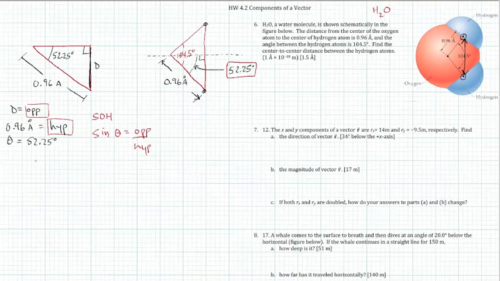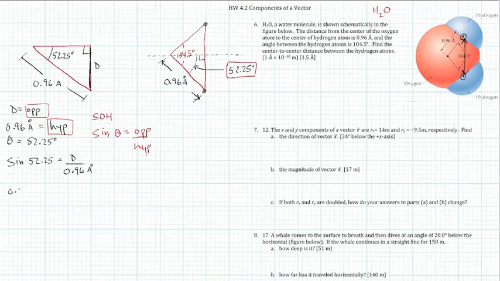So the sine of what angle? 52.25 equals the opposite, which is D, over the hypotenuse, which is 0.96 angstroms. Well, we want to get D by itself, so we're going to multiply both sides by 0.96 and bring it up next to the sine 52.25.